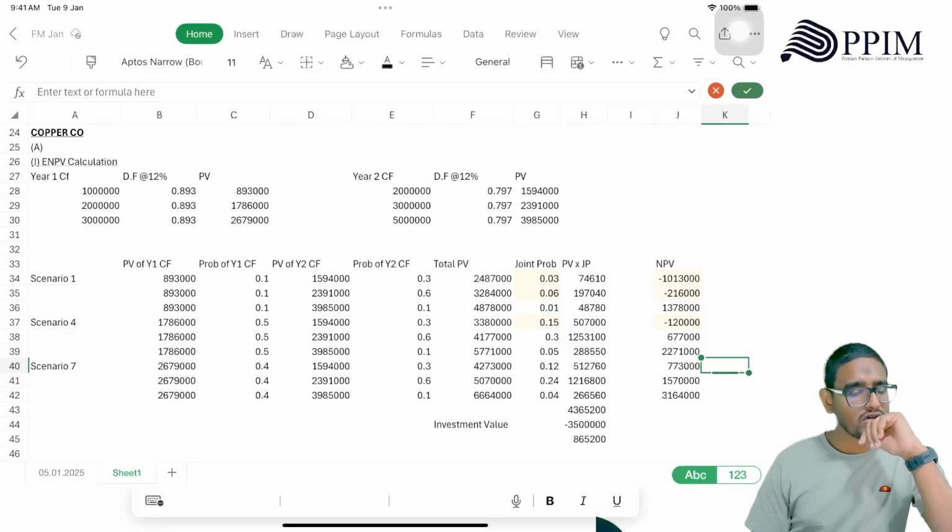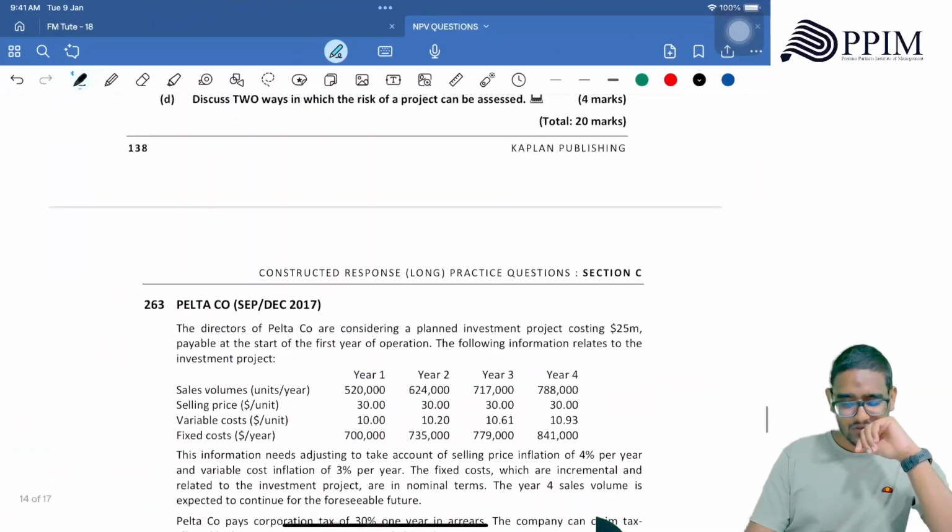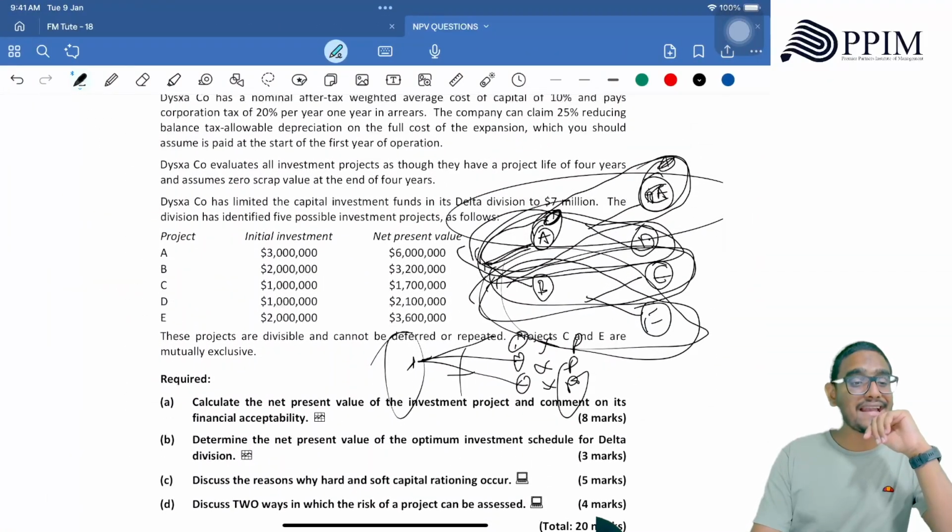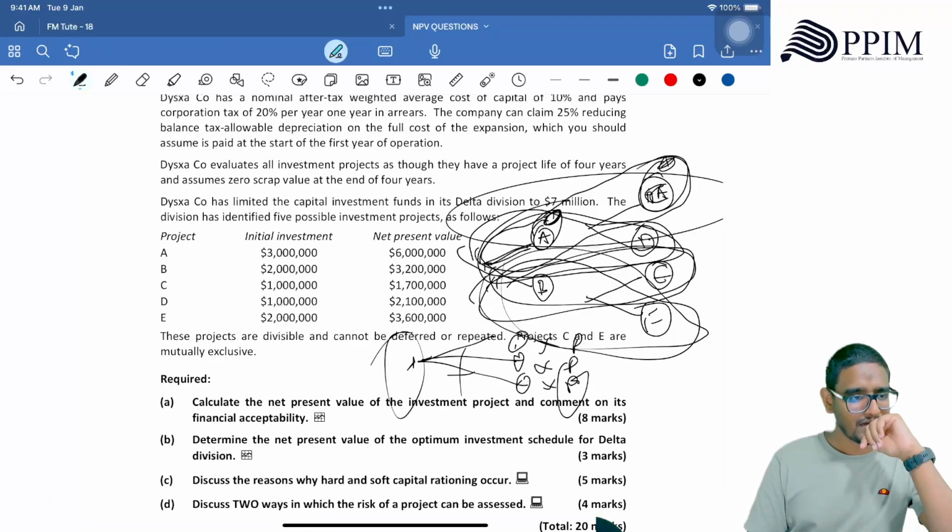In statistics, there is something called OR and AND. If it is AND, you multiply. If it is OR, you add. So in the tree diagram, if A and C can happen, you multiply. If it is A or B, you add.